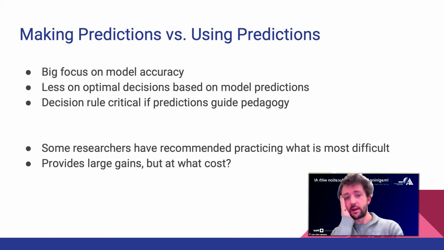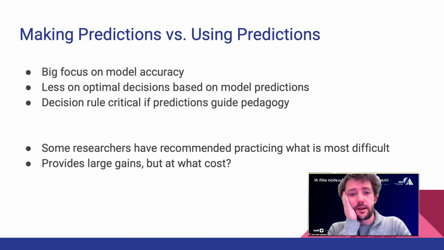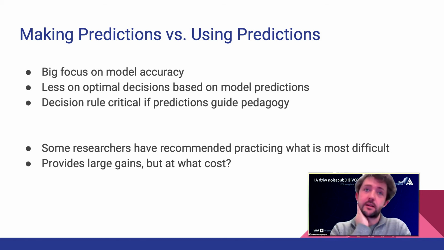Okay, great. So yeah, I'm going to take a different kind of tack here to talk more about what the function of these models is usually intended to be, which is to make predictions and help make pedagogical decisions for students. So we have a big focus here today on making models as accurate as possible.